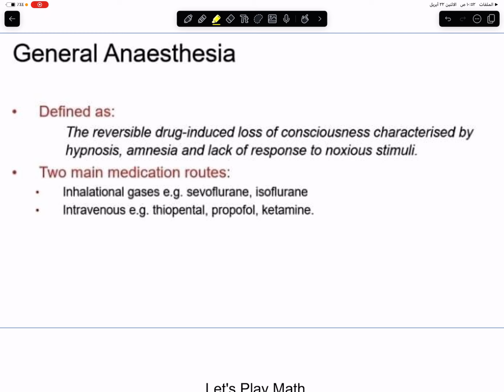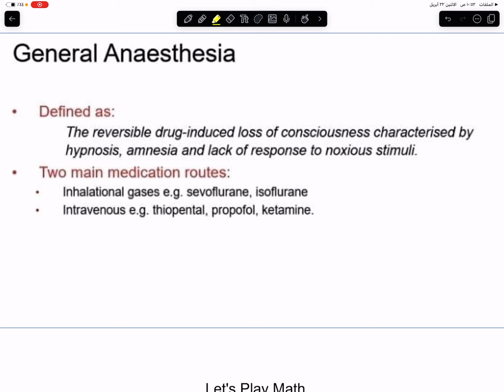So, reversible drug-induced loss of consciousness, what I told, characterized by hypnosis. Hypnosis means sleep. Amnesia means forget, he will not recall what happened to him. And lack of response to noxious stimuli. As you discussed with Dr. Aman, noxious stimuli, even if you cut the finger, the patient doesn't feel.